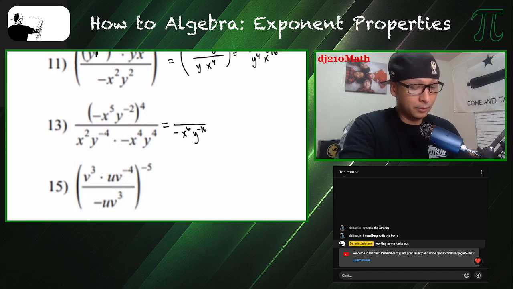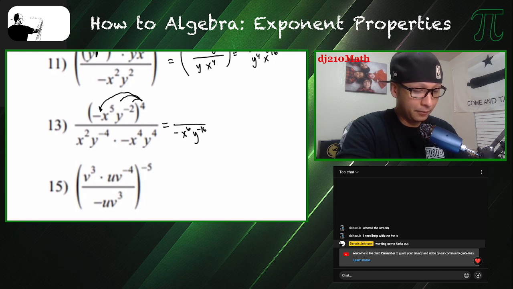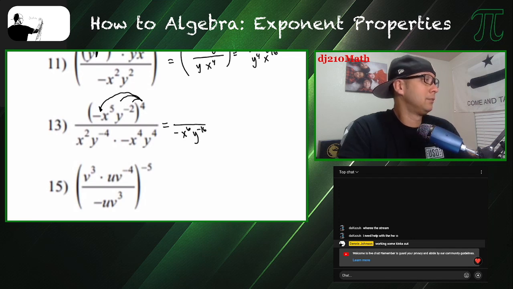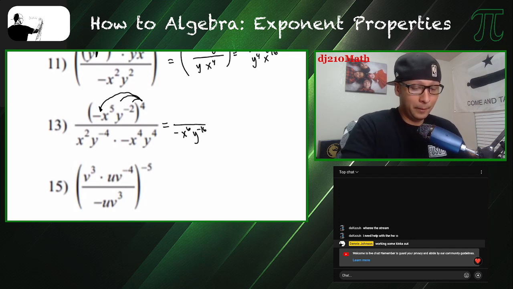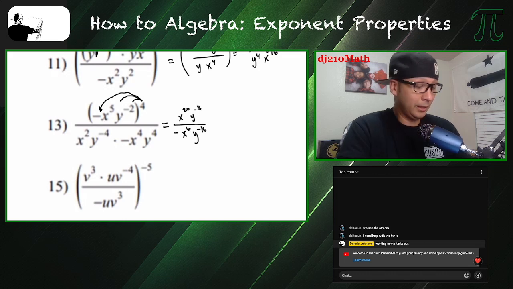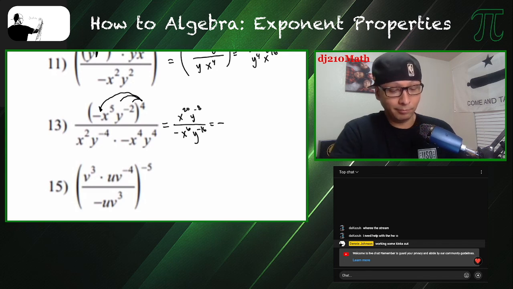Numerator. So now the 4 can apply to everything, including the negative. A negative to an even power would just be positive. So the negative is going to go away. X to the 20, because 5 times 4. Y to the negative 8, because negative 2 times 4. Okay, I'm just going to pull the negative out front.